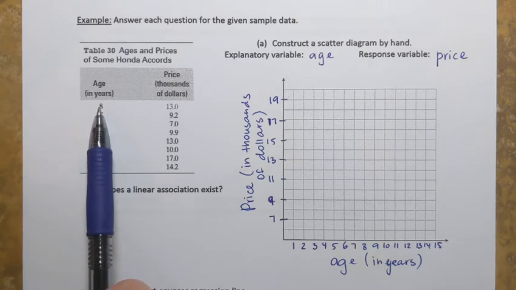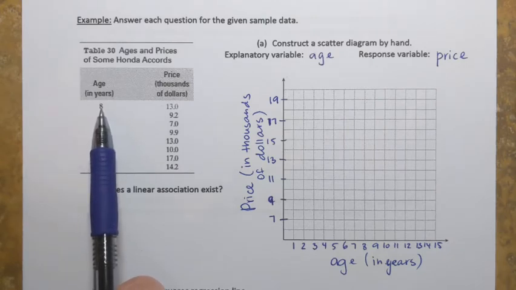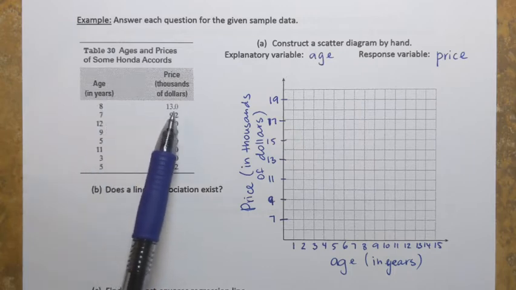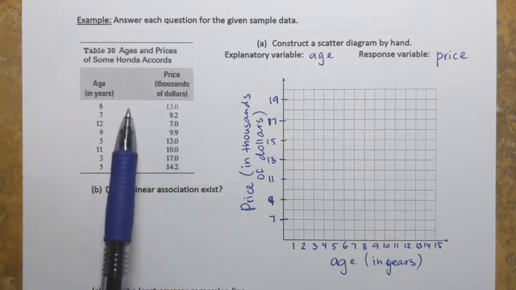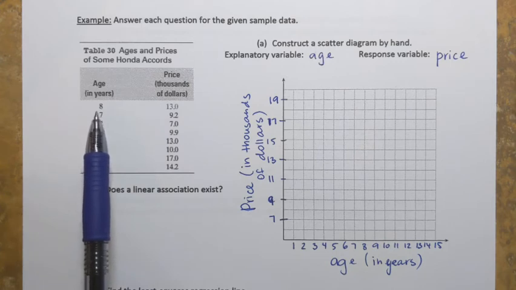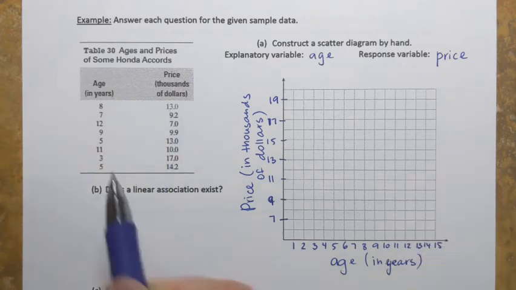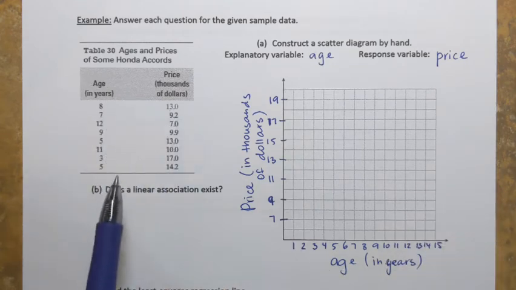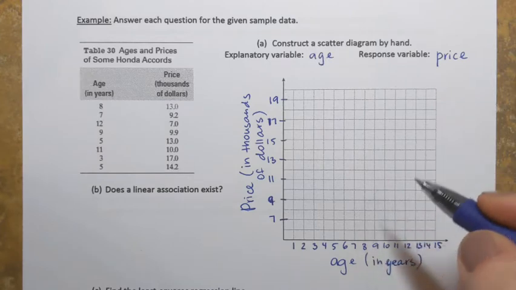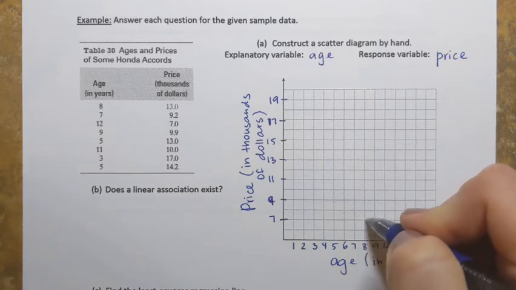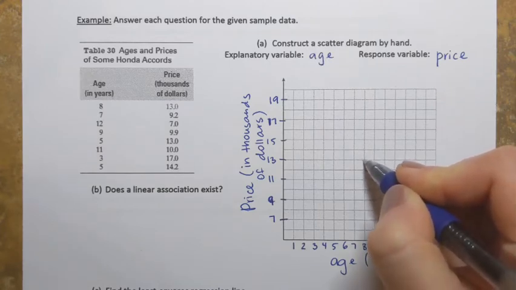And now I'm looking at pairs of numbers, the ordered pairs. The x-coordinate of point that I'm going to plot is going to be 8 for the first point, and then the y-coordinate is 13. So I'm looking at the values of the explanatory and response variables as ordered pairs. So 8, 13 is the first point, 7, 9.2 will be the second one. Here it is, 8, 13.